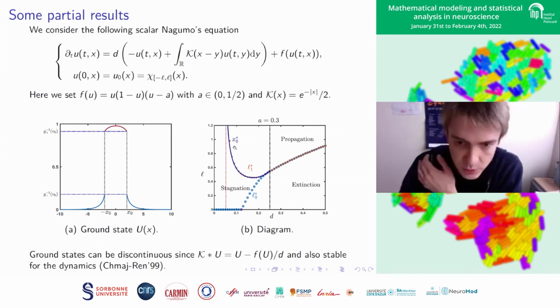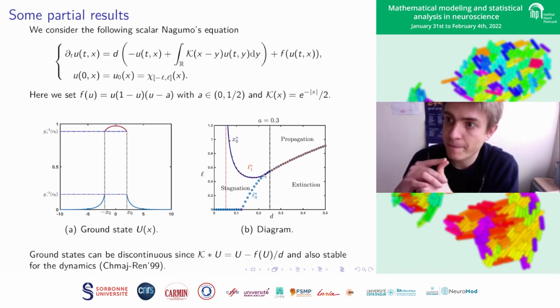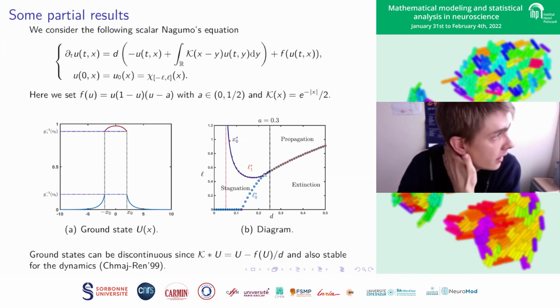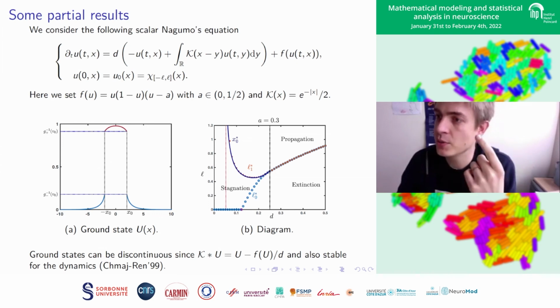And what we could do is derive an analytical formula for the dark blue curve, because we were using the exponential kernel. If you want the ground state, it has a discontinuity. It's discontinuous at 2 points.